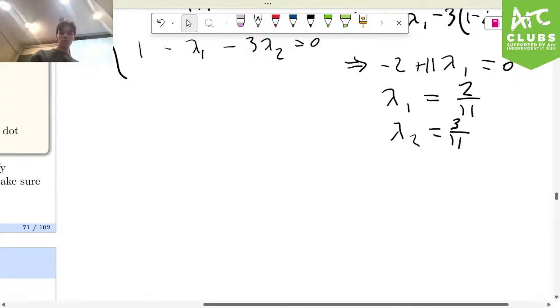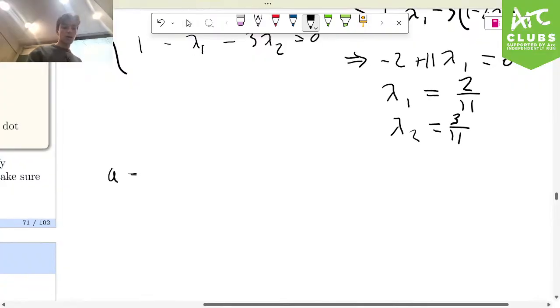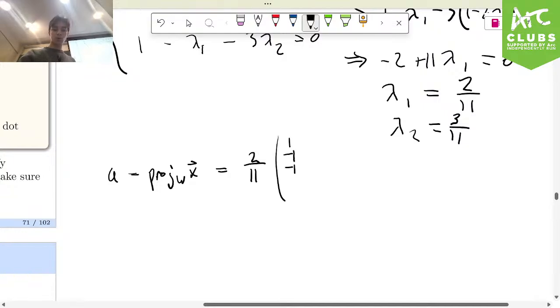So now we know that a, which by definition is equal to the projection onto W of x, is equal to 2 on 11 times v1, 1, minus 1, minus 1, 1, plus 3 on 11 times v2, which is 1, 1, 0, 1.